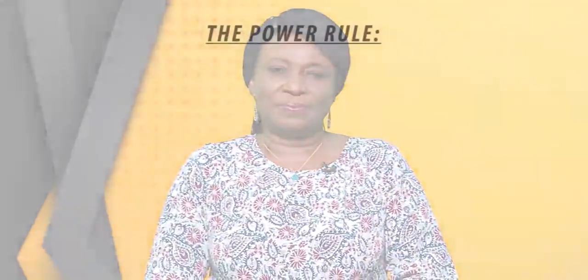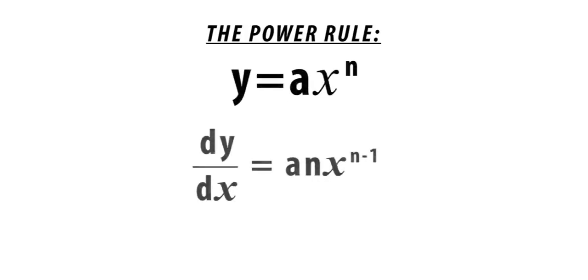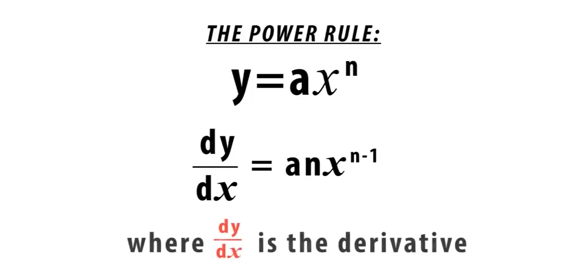I want us to look at the power rule. To differentiate any function y = ax^n, we use dy/dx = a times n times x^(n-1), where dy/dx is the derivative, a is a coefficient of x, and n is any real number.